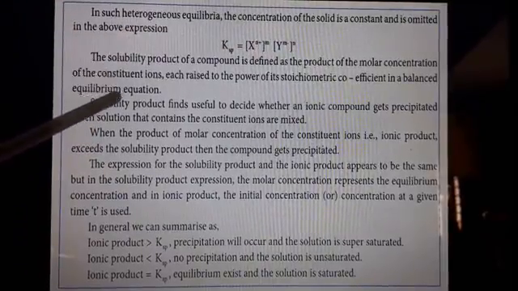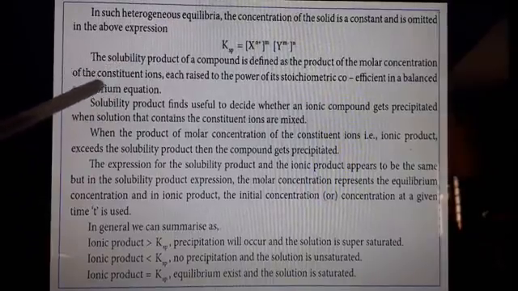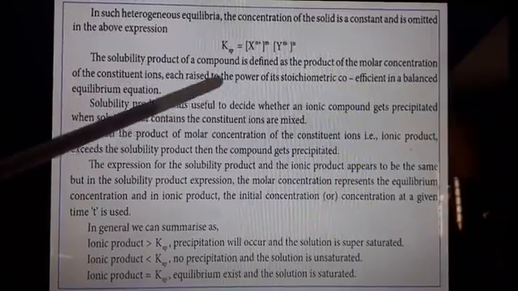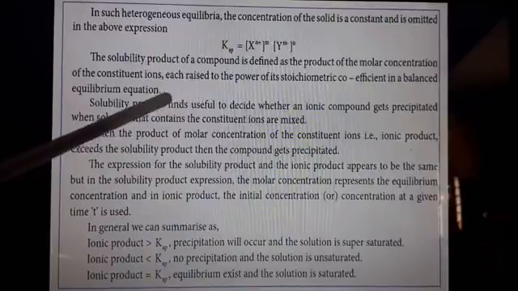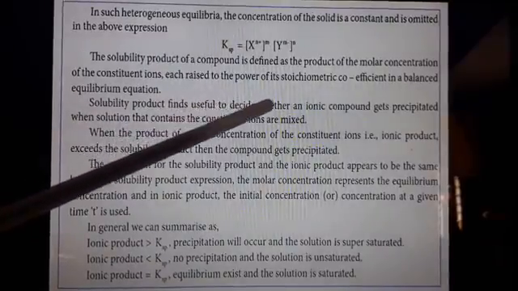Next, how is this equation useful for us? Solubility product is useful to decide whether an ionic compound gets precipitated when solutions containing the constituent ions are mixed.